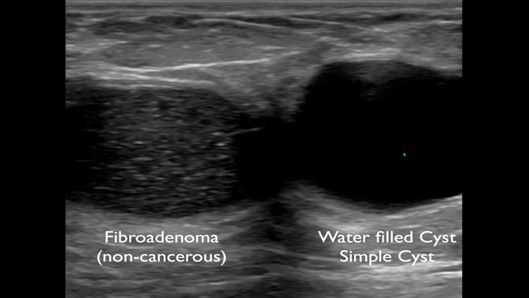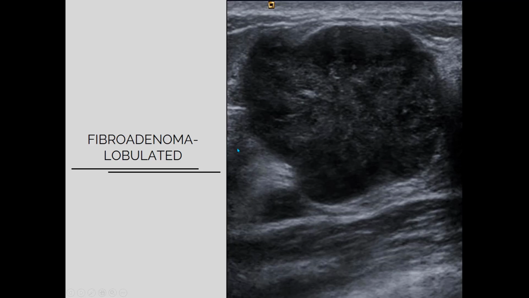Here you can see that there is a hypoechoic lesion here and an anechoic lesion here. So basically this is a simple cyst and this is a fibroadenoma in the single breast. Here there is a hypoechoic lesion, but this is a bit lobulated.